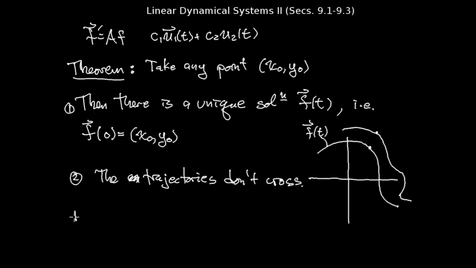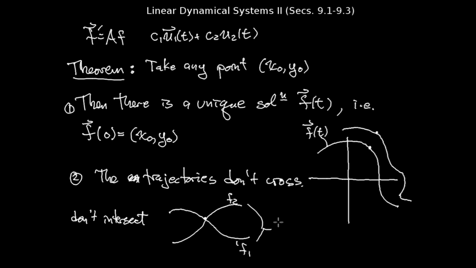And the reason that they don't intersect, well, it's really from the first part. If they did intersect, if you had a point and you had a curve which went through it, and then you had a different curve which went through it, well, then that would violate this unique solution business, because this would be a solution f1 and this would be a solution f2.